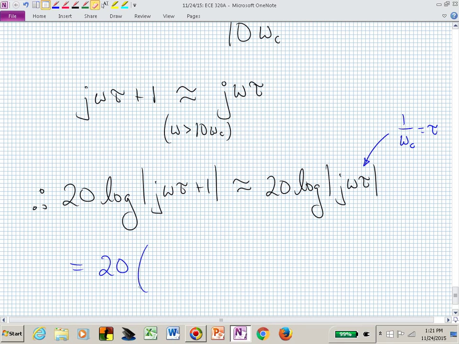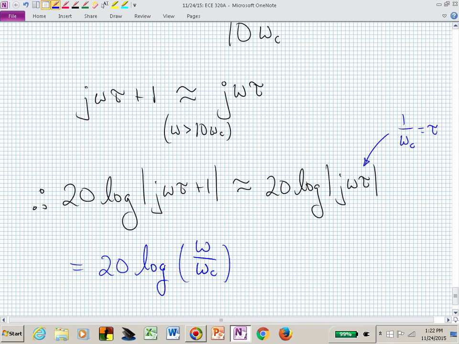Whoops, can't throw away the log. You guys are probably sawing logs. So I can't throw them away, right? We now have log of omega over omega c. Is it the absolute value of that? Now I'm saying let's consider all of these frequencies to be positive. Omega c is a positive number, and omega, we're just going from DC up to positive values.